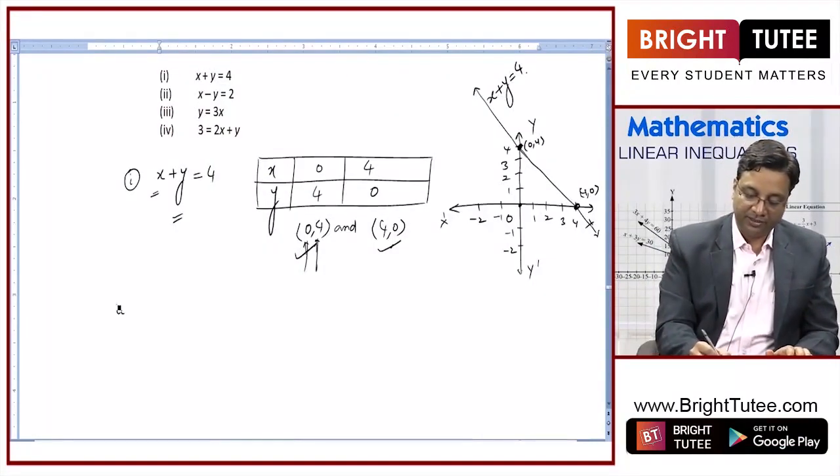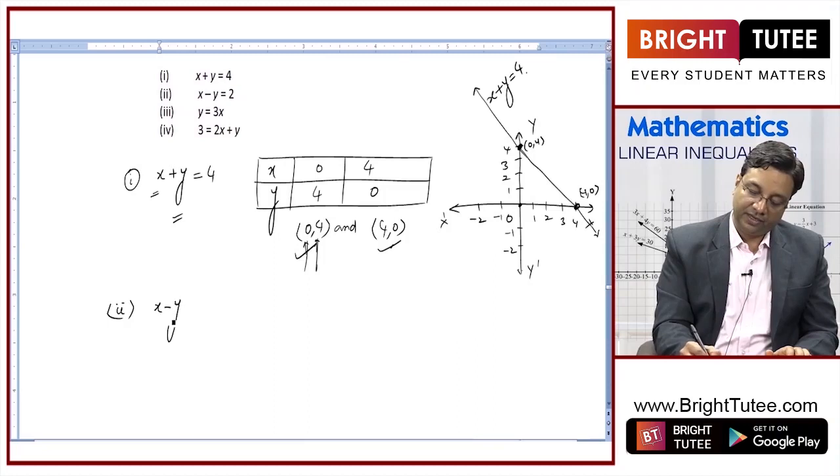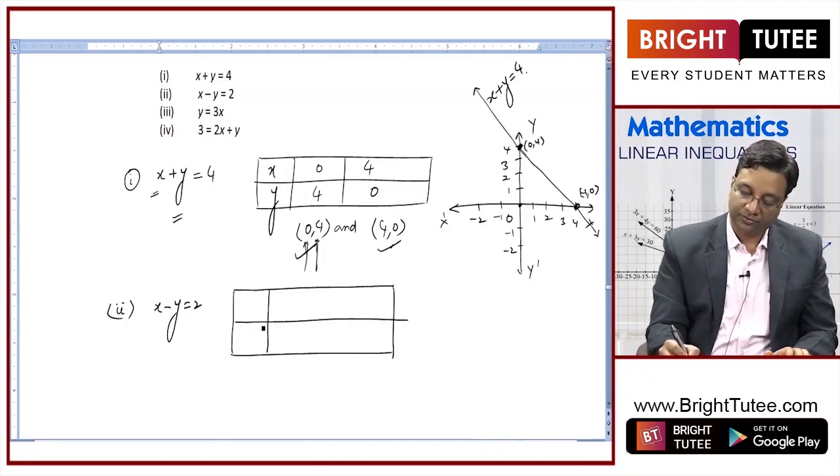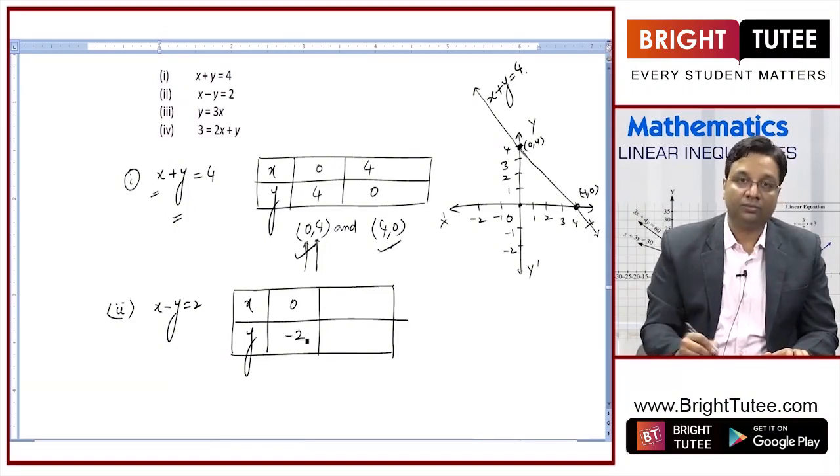Now the second part is x minus y equals 2. If I put x equal to 0, y will be equal to minus 2. If I put y equal to 0, x will be equal to 2. Okay.